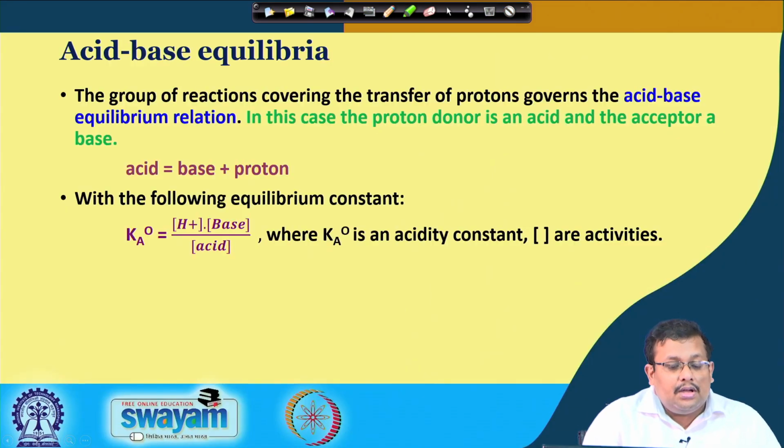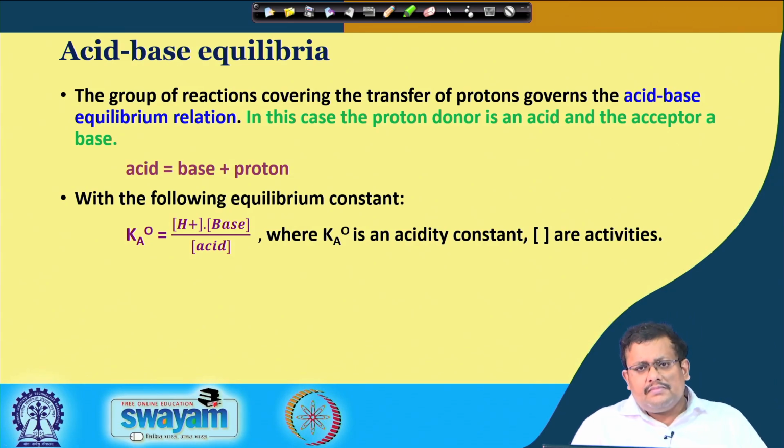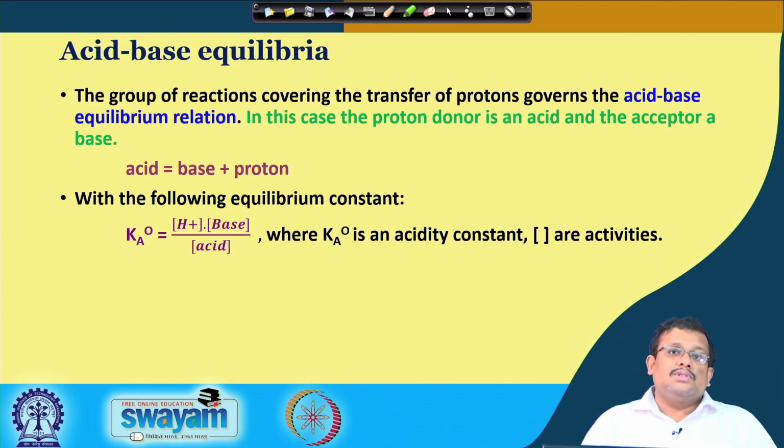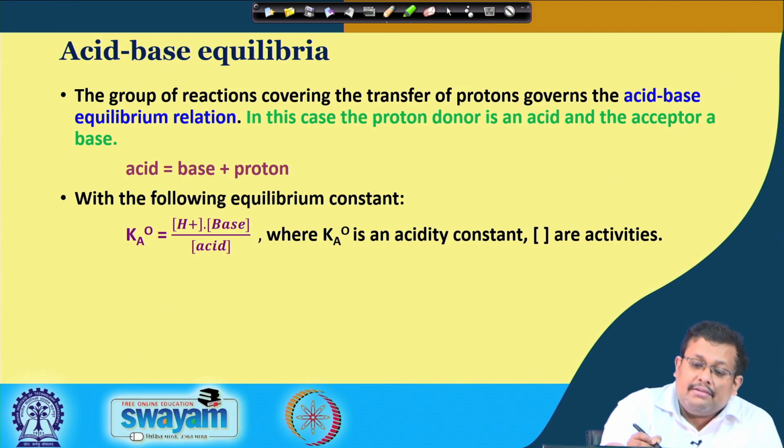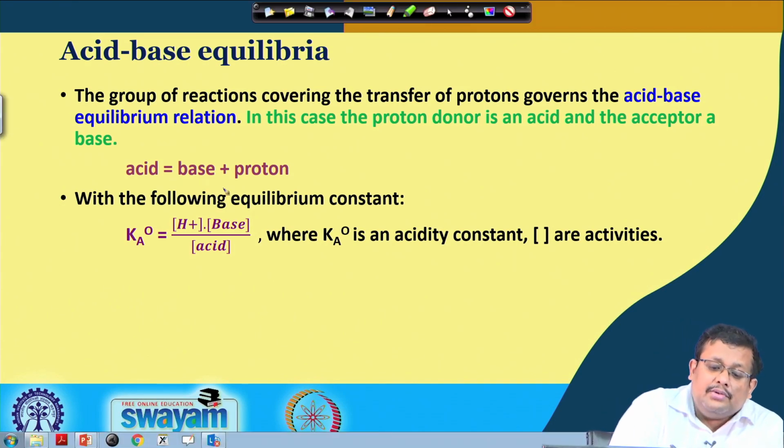So, let us consider this acid base equilibrium. This group of reactions covering the transfer of protons governs the acid base equilibrium reaction. In this case the proton donor is an acid and the acceptor is a base. So, basically we can write that acid is equal to base plus proton.